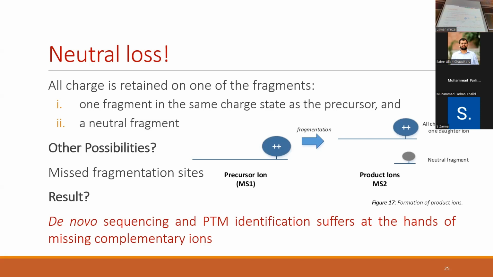For that purpose, we need more information to characterize PTMs, and we need to develop a strategy that helps incorporate those missing ions. The loss of information due to missing ions is a challenging computational problem, specifically for algorithms which depend entirely on spectral fragment ion data.